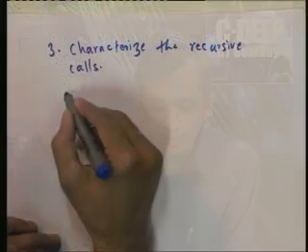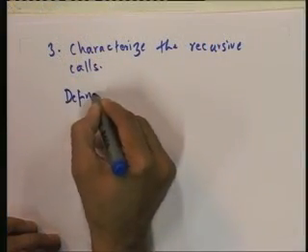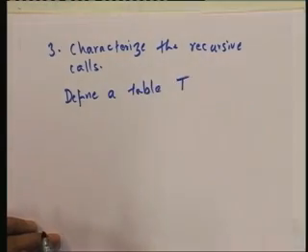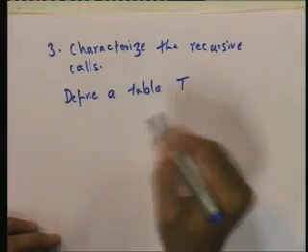In fact, to all the recursive calls which are made during the lifetime of that recursive procedure. So we are going to define a table then. So let me call it T, which will store the results evaluated for each recursive call.